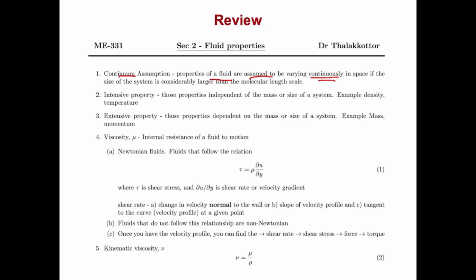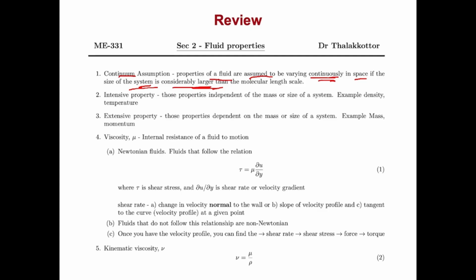Continuum comes from the fact that you're assuming the properties or parameters of a fluid vary continuously in space, right? And this is true when the system you're looking at is considerably larger than the molecular length scales of the medium, which is most of the cases that you're considering in this course at least.